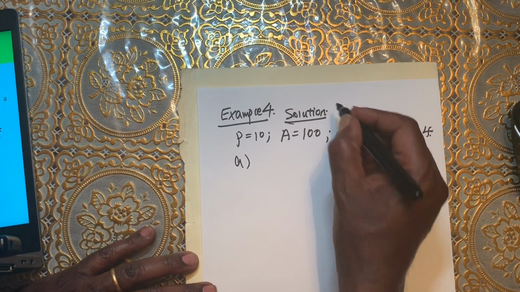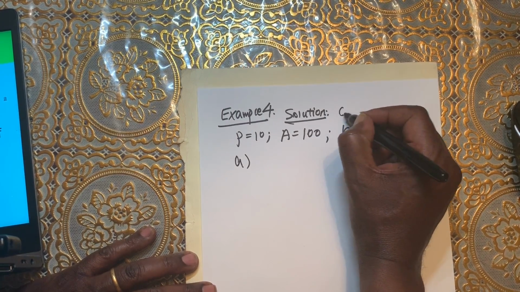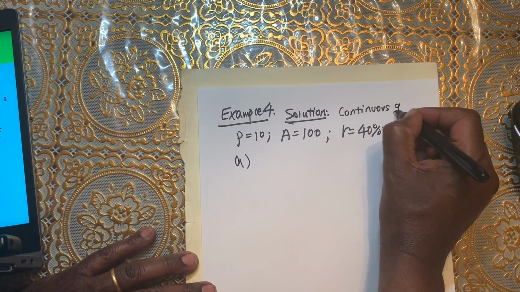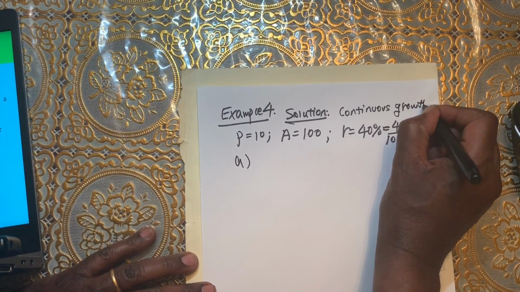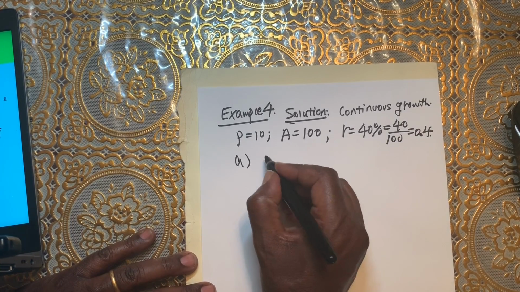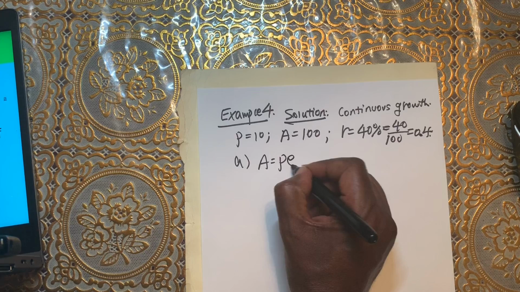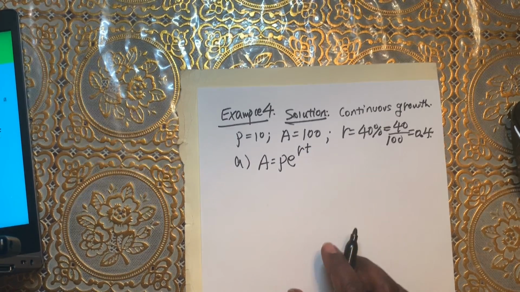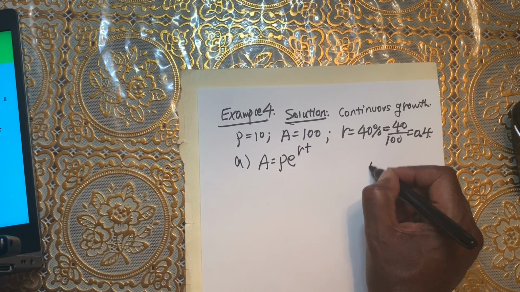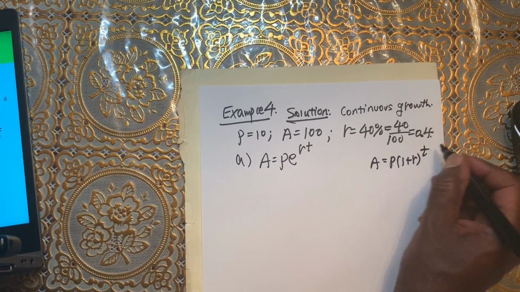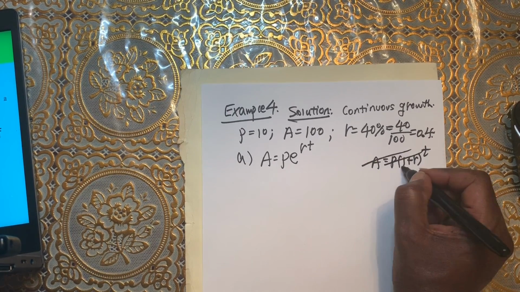It is continuous growth. The formula we are using is A equals P e to the power of RT. We are not using the one which says A equals P times (1 plus R) to the power of T; that is used only when it is compounded annually.